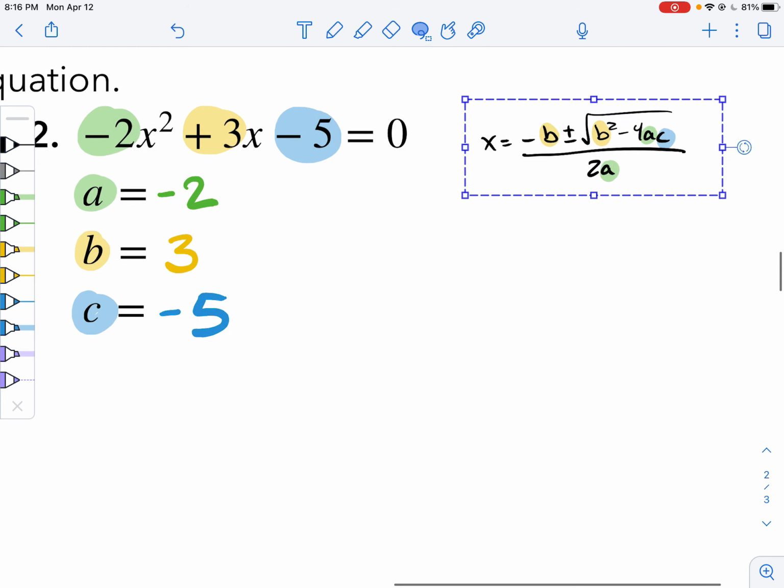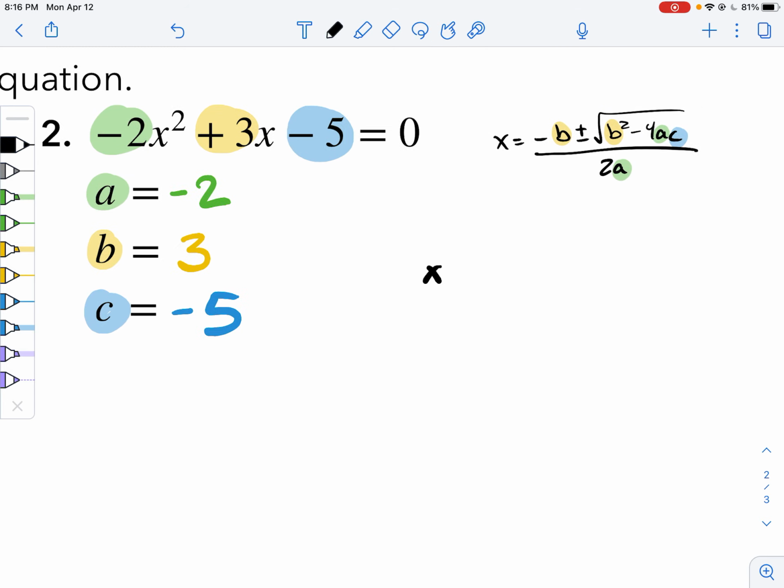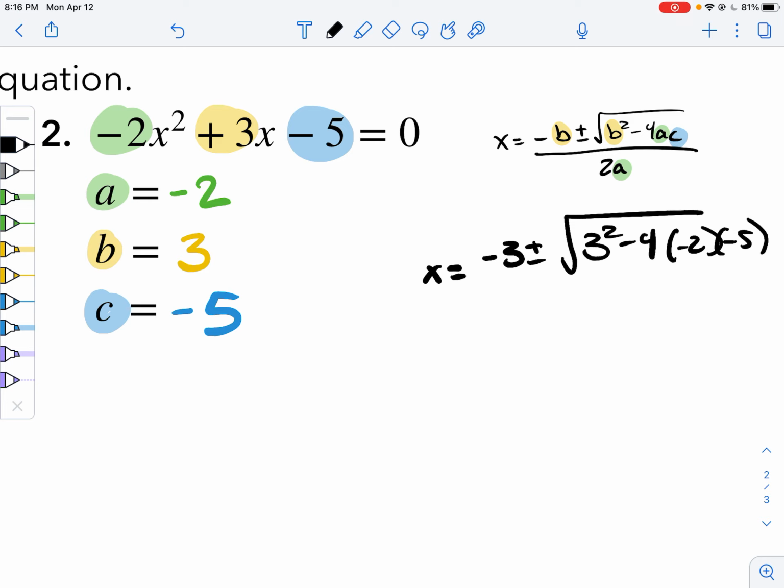So we get x equals negative b, which is negative 3, plus or minus the square root of b squared minus 4ac, over 2a.